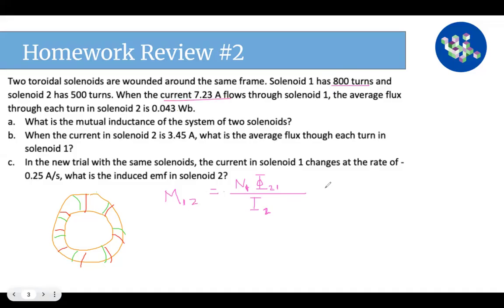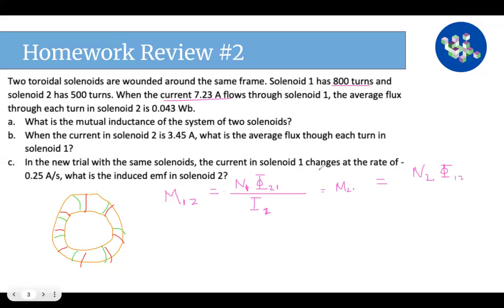This should equal the mutual inductance of two by one, which is also equal to the number of turns of solenoid two times the flux on solenoid two due to solenoid one, divided by the current through solenoid one.